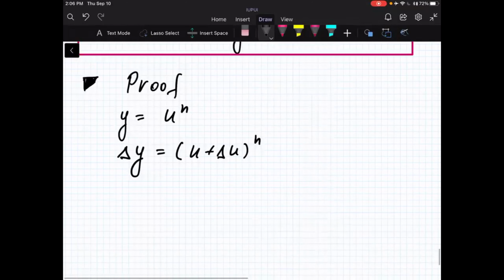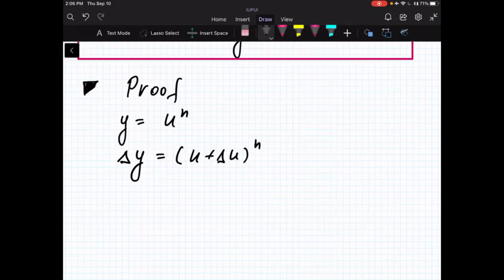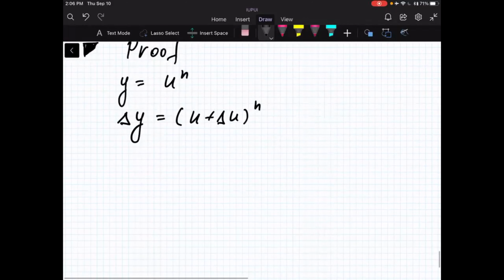And as we have seen when we were proving the power rule, we applied the binomial theorem to calculate such a power, and the answer was like this.